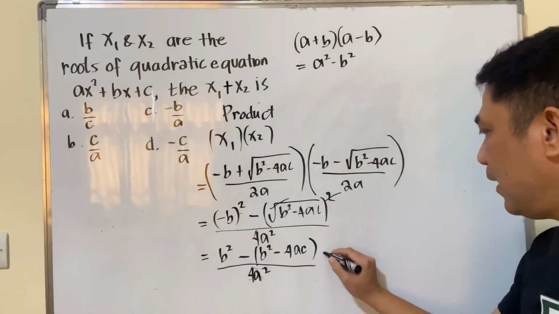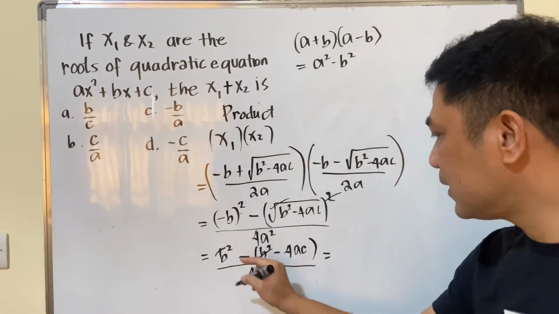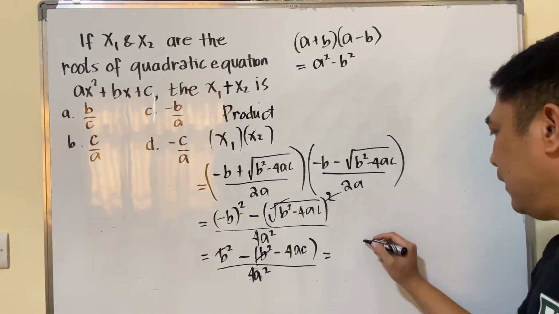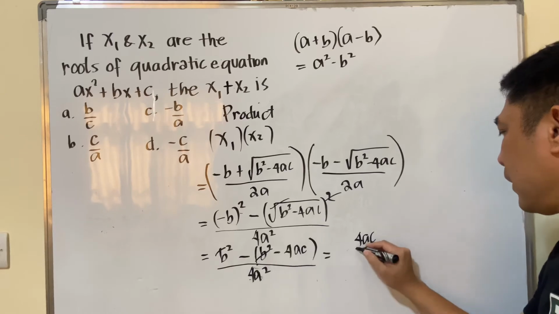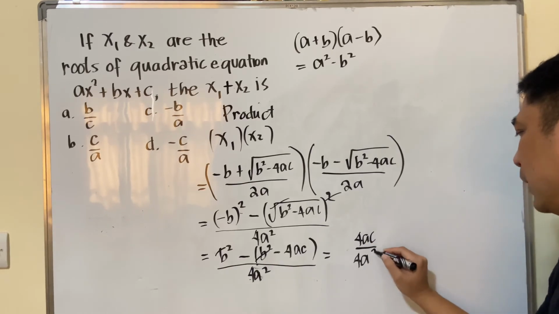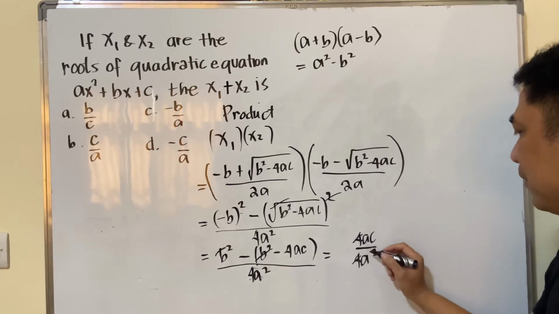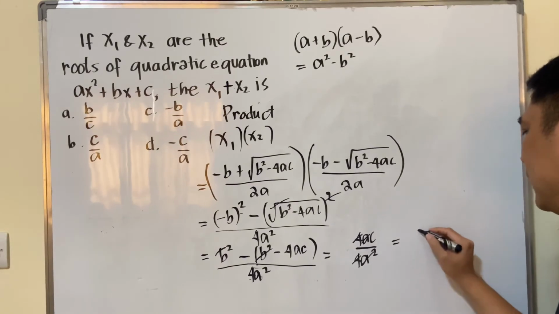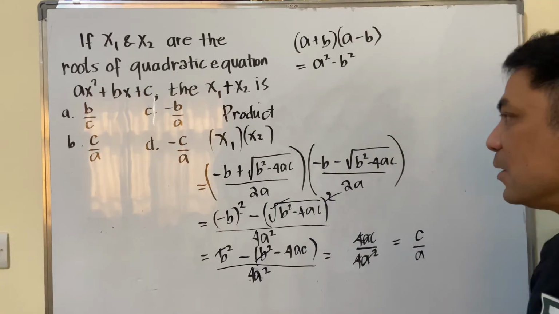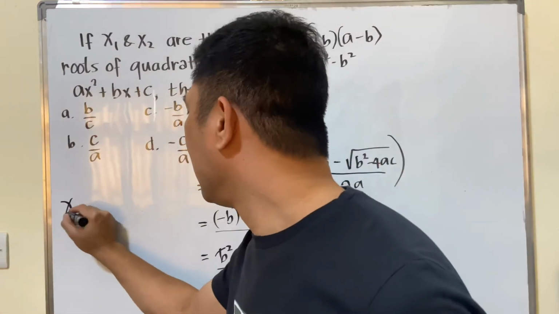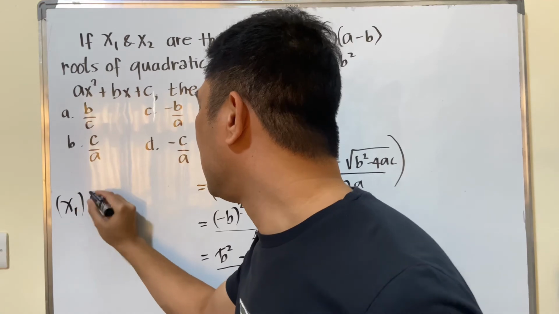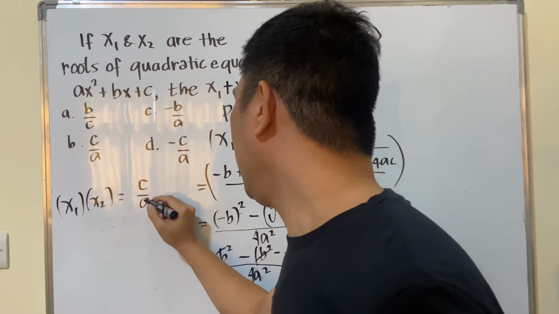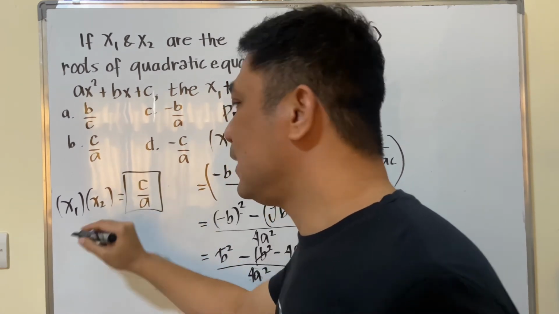So this time this will cancel, negative there, and then the negative there will be positive. So that means 4ac over 4a squared. So the 4 here will cancel. One a there and another a there is cancelled. That means you have c over a. So in other words, the product of the roots of a quadratic equation is equal to c over a. So this is the answer here.